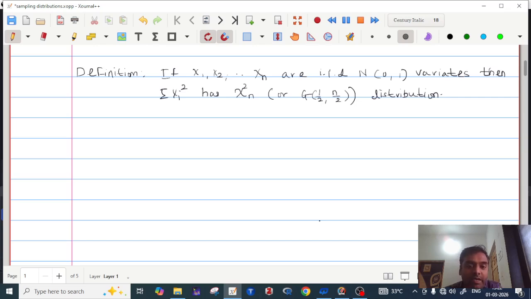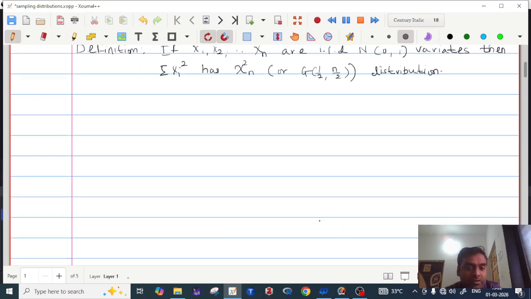We will write the PDF of the chi-square distribution with the help of the gamma distribution. In the PDF of gamma alpha lambda, we will take alpha equal to 1 by 2 and lambda equal to n by 2. What is the PDF of gamma?